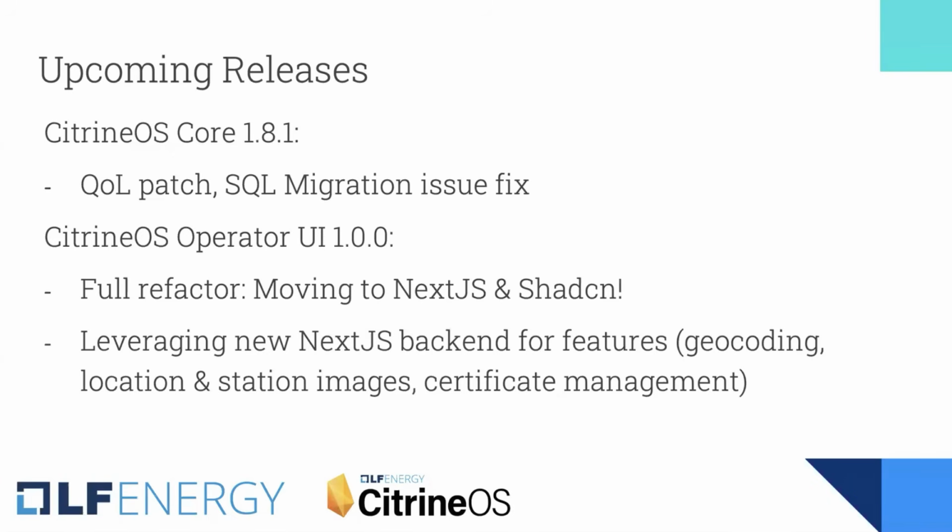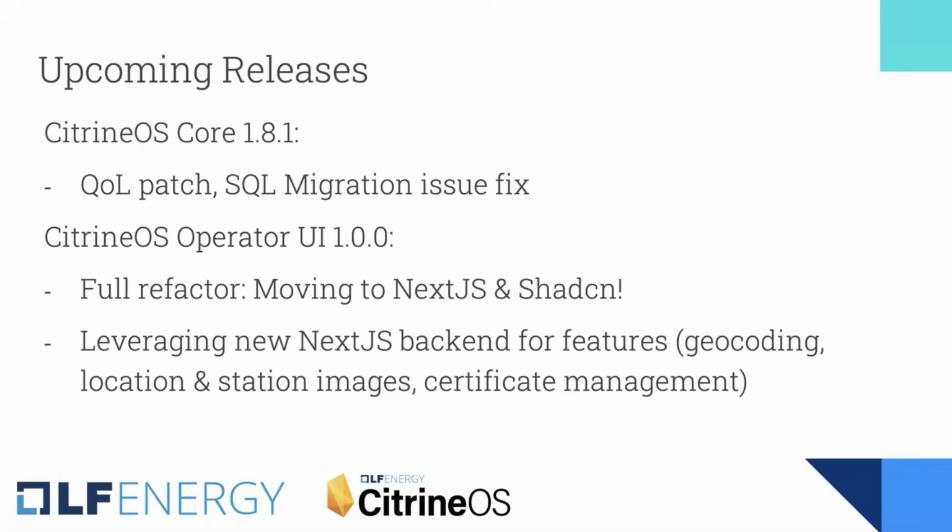We also have a major refactor of the native operator UI coming up. It's going to be our first major version release. We're moving from a single page web app to server-side rendered using Next.js, and we're moving away from our AntD integration to using shadcn and all of the other tools that come in the shadcn ecosystem, like Tailwind, TanStack, React Hook Form, and so on.